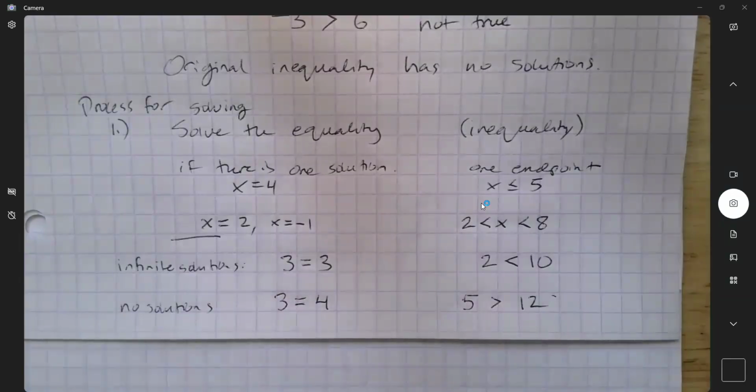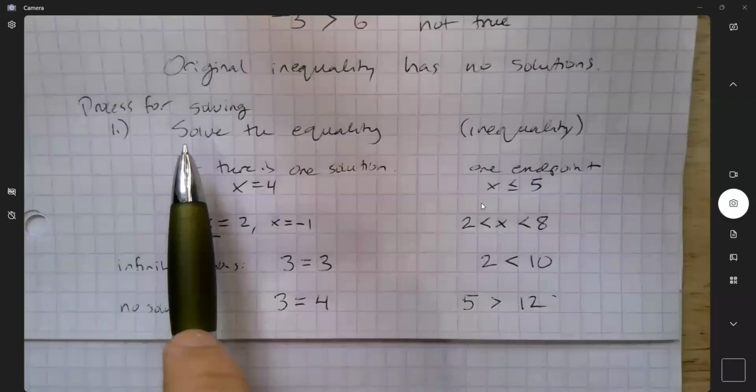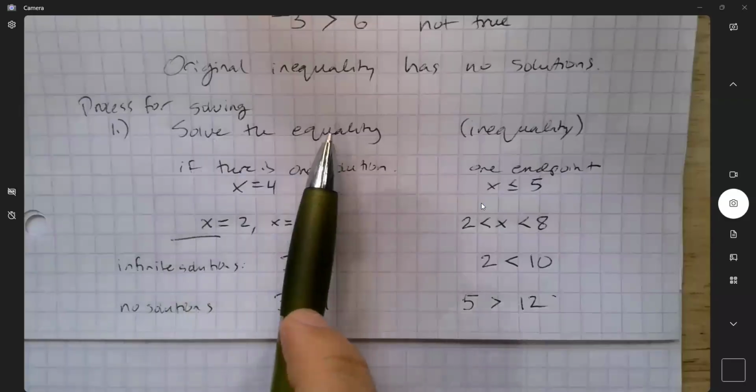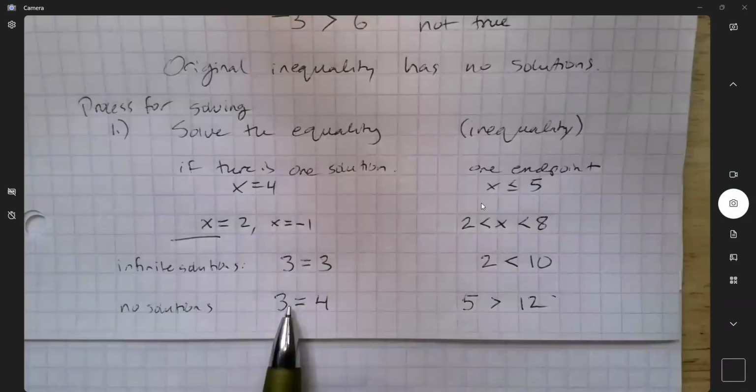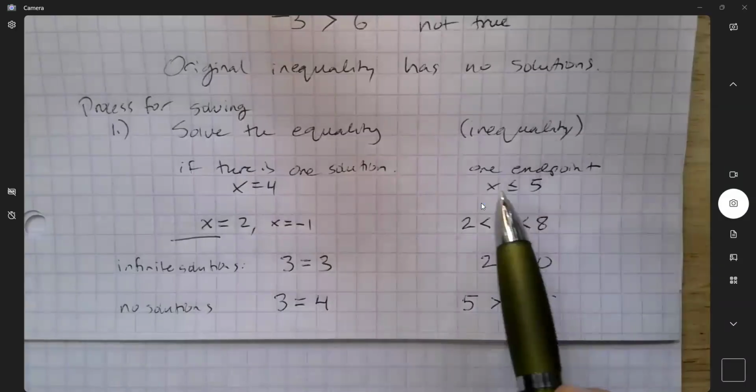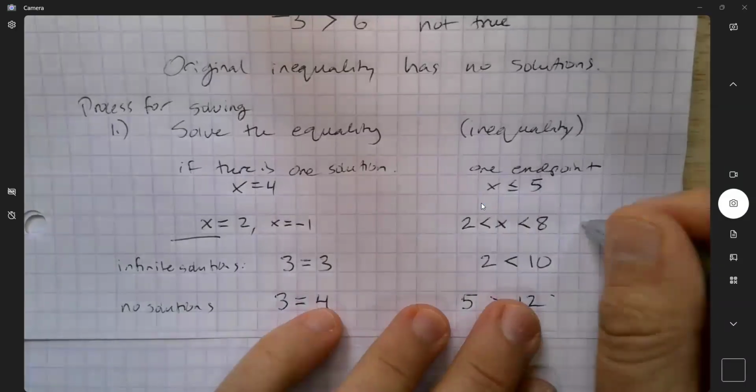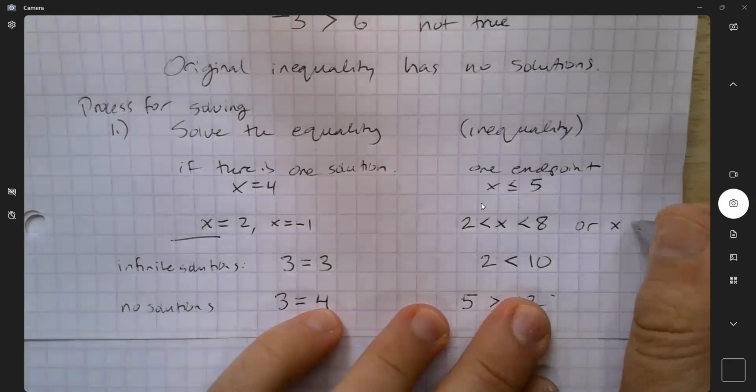So these are the surprising results you can get when you try to solve equations or inequalities, but your process is still the same. You just try to solve it, and either you have one, or maybe more than one, or maybe infinite, or maybe 0 solutions. Inequalities, you can have one interval. Maybe you could have 2 intervals.